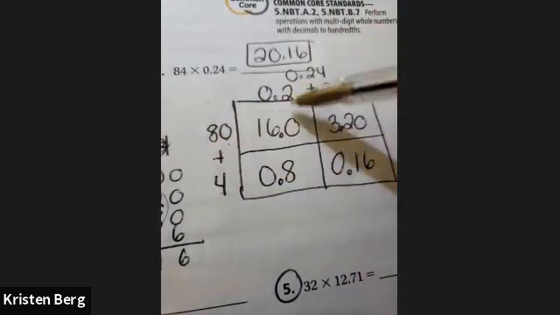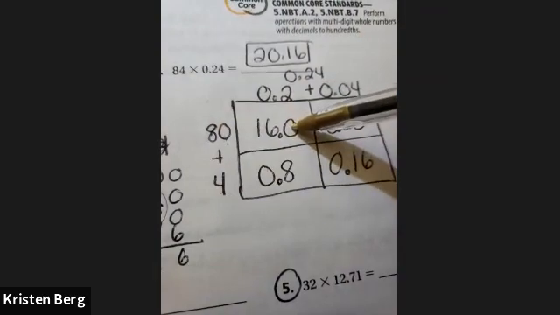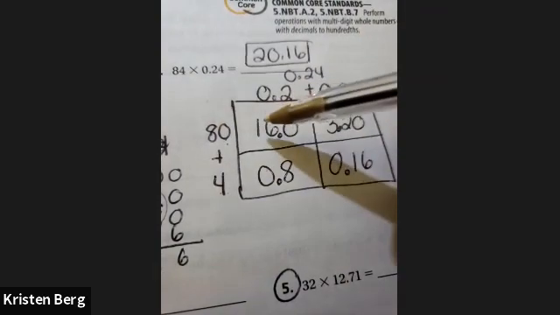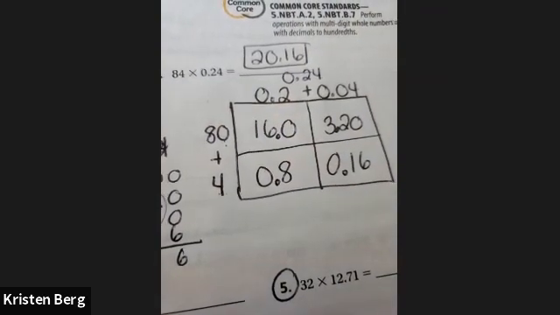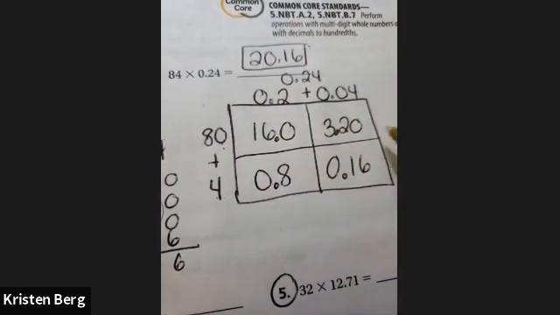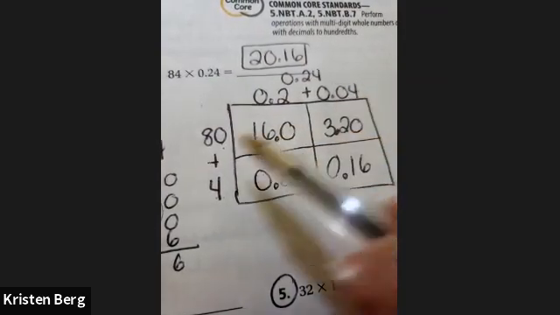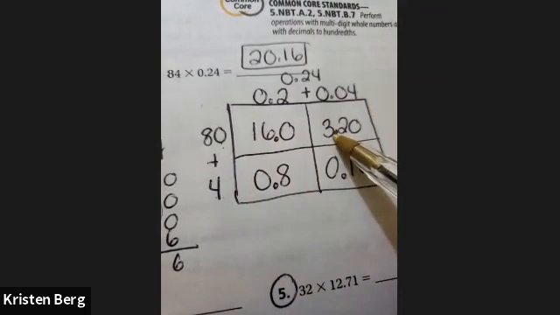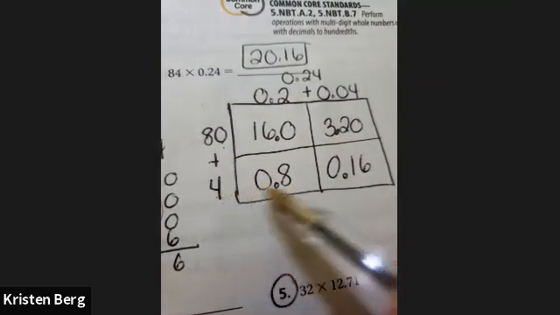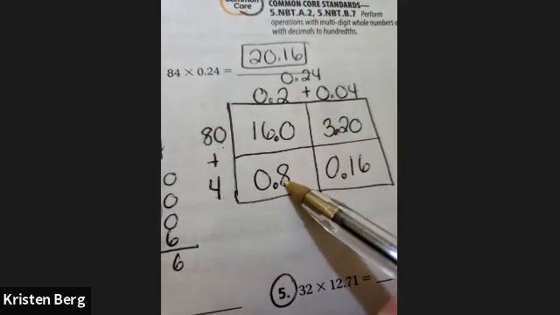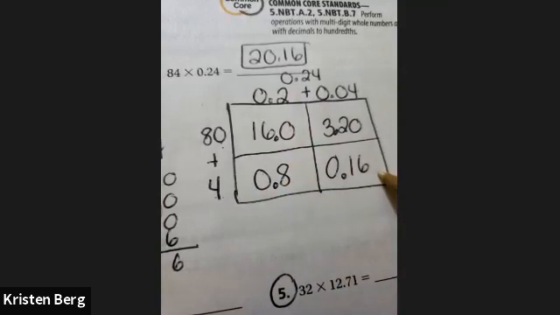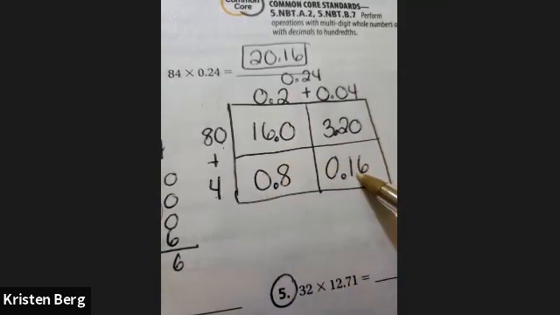And then you multiply these. When you multiply these, it would have been 160, but then you move it in one place. So that would have been just 16. Here, if you multiply that, it would have been 3 and 20/100. These two would have come to be 8/10, and this one would have been 16/100.